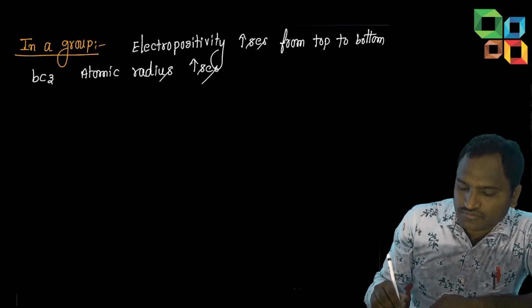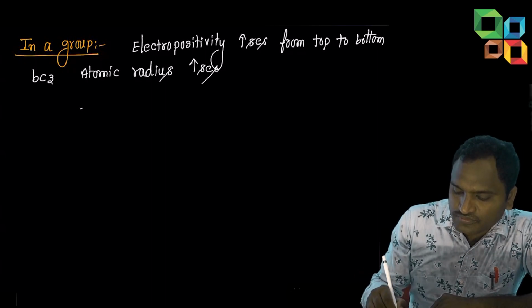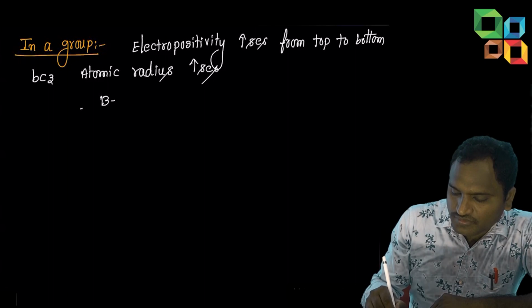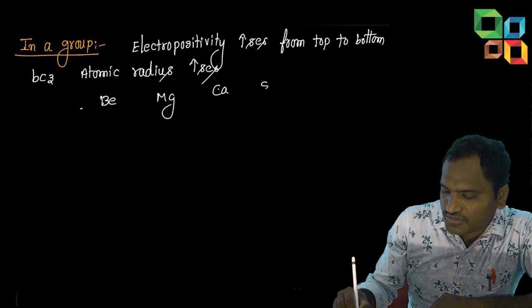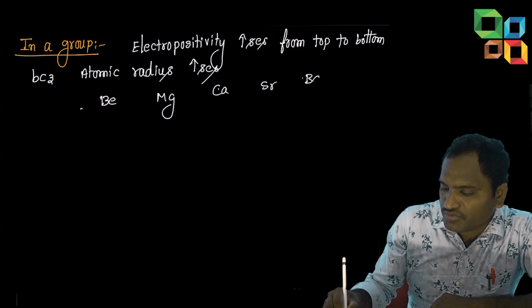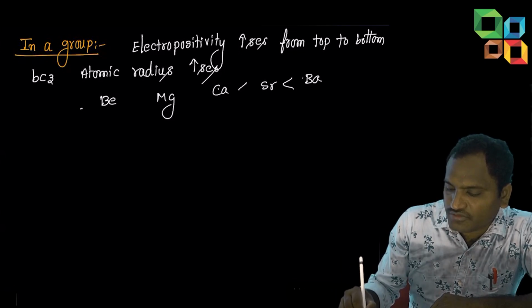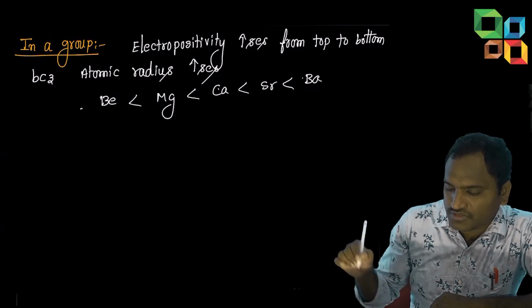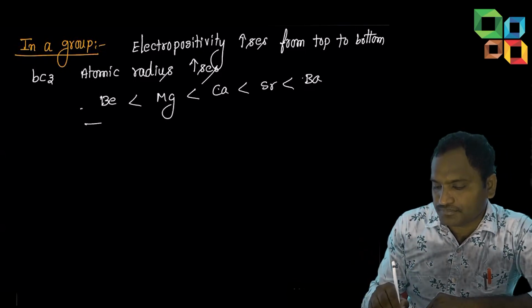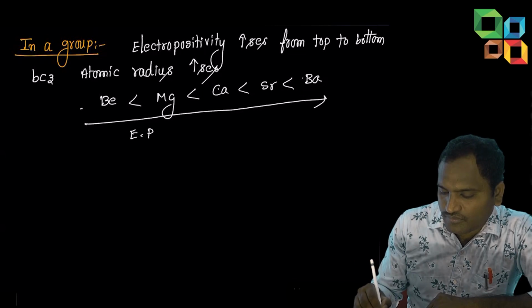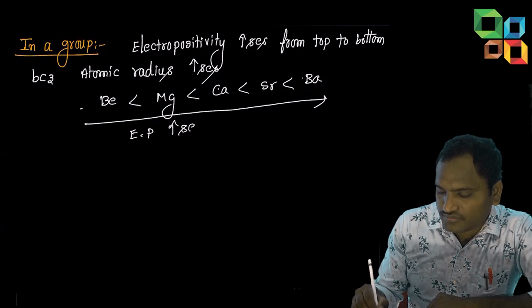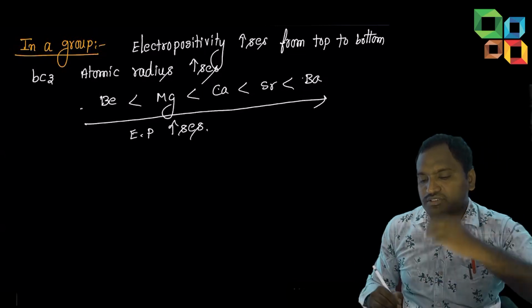Take beryllium, magnesium, calcium, strontium, barium. Barium has more electropositive nature. Second group elements, just as an example.